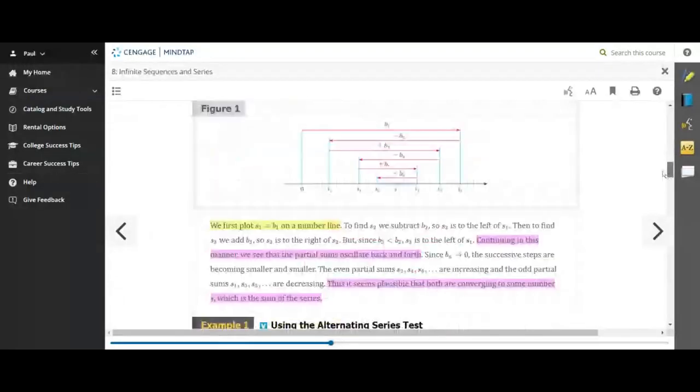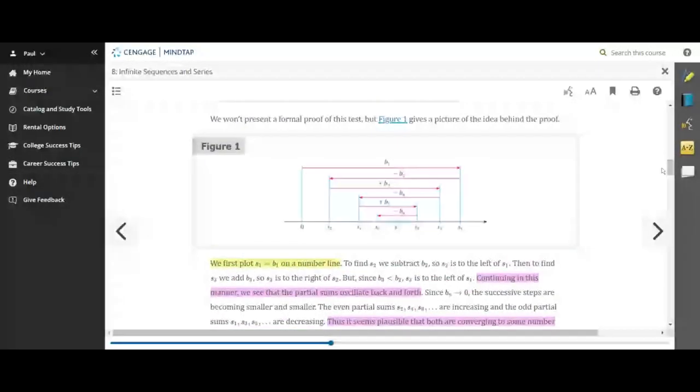Okay, they prove here why this alternating series test is true, and they do it based on the fact that if you were to look at partial sums of the series, you see on that axis there, they have these partial sums. The first partial sum, which is just the first term, b sub 1. The second partial sum, which is b sub 1 minus b sub 2. Third partial sum is b sub 1 minus b sub 2 plus b sub 3.